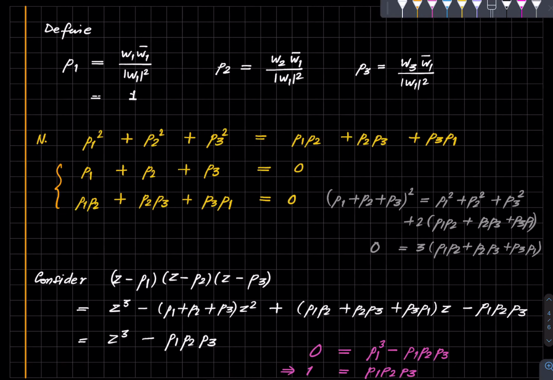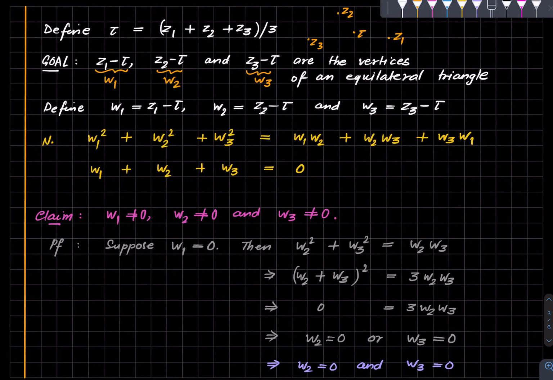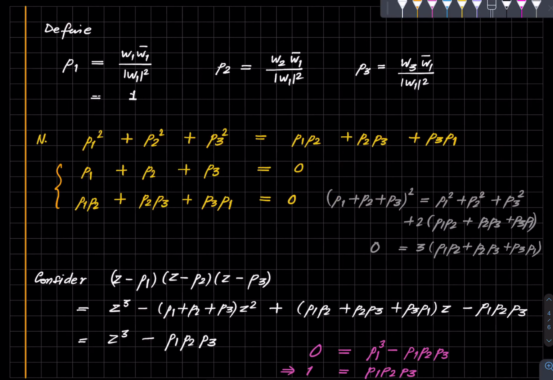So our goal was to show that w1, w2, w3 are the vertices of an equilateral triangle, but that was equivalent to showing p1, p2, p3 are the vertices of an equilateral triangle, because once you do it for p1, p2 and p3, all you need to do is scale p1 by this guy, p2 by the same guy, p3 by the same guy, and then rotate. Or you can just think of this operation as a rotation and a scaling.